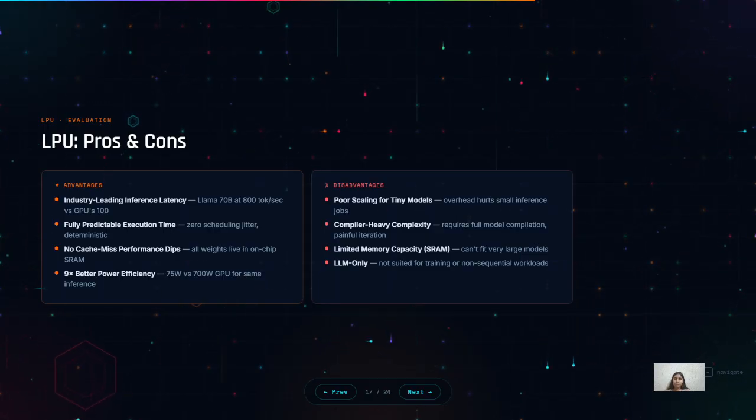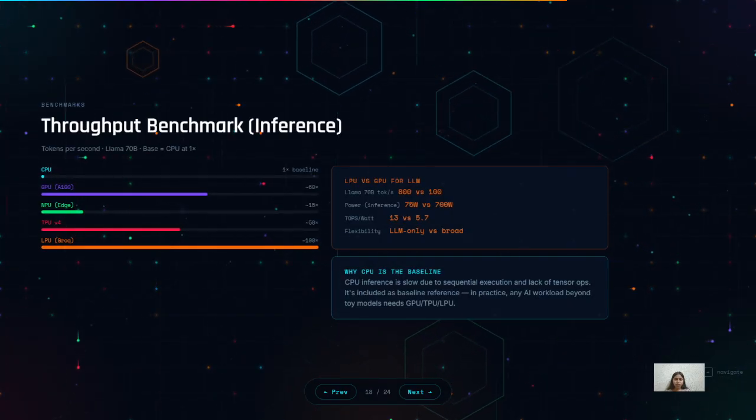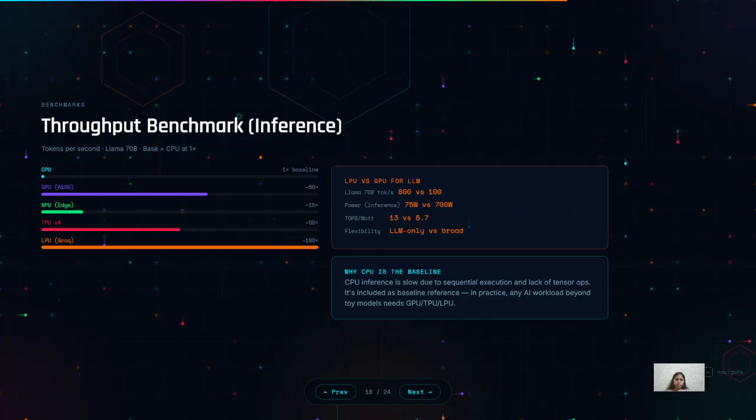Now, let's talk about the throughput benchmark. This benchmark highlights the differences between architectures. CPUs provide flexibility but limited AI throughput. GPUs dominate parallel training workloads.